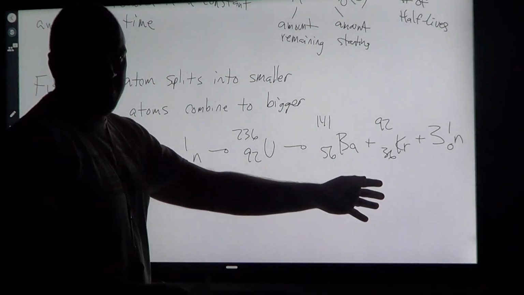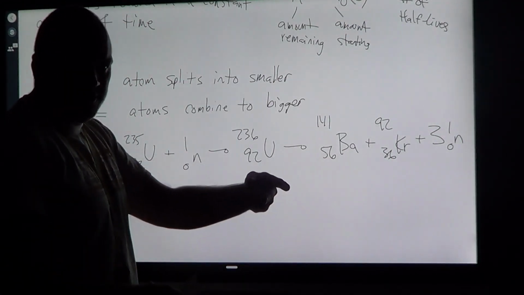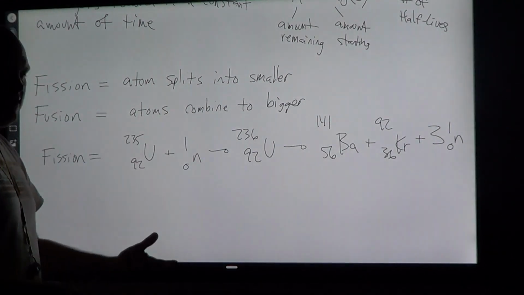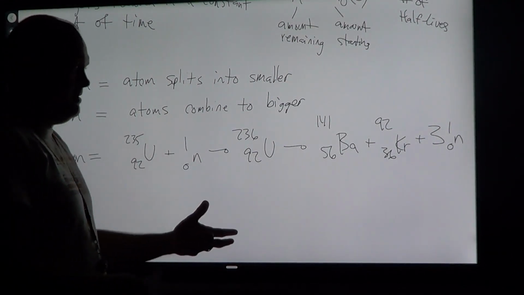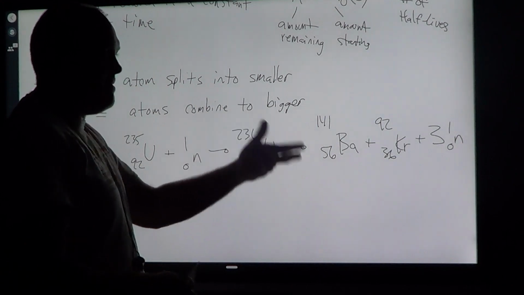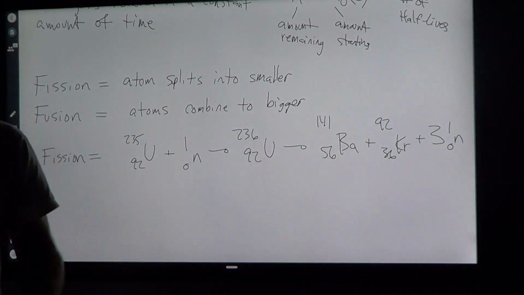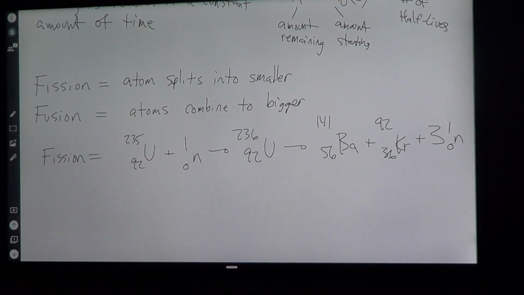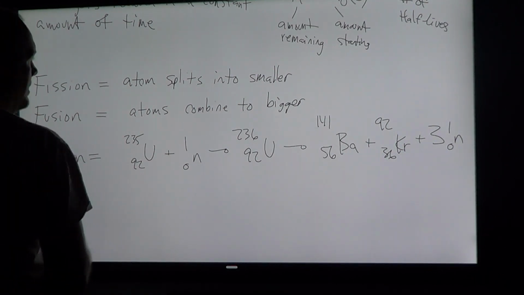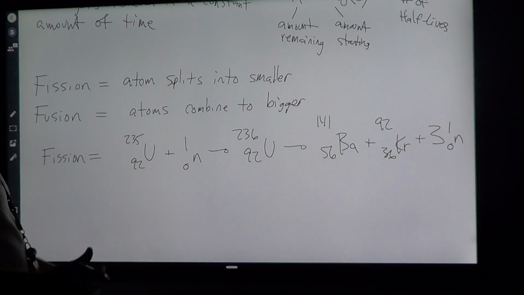They explode, and so by the second generation, you now have 9 neutrons. And then you get 9 of them at once, and then now you have 27. The reaction grows exponentially. Okay? And so what happens is, once it starts, you can't stop it. Okay? It is very, very difficult to stop.